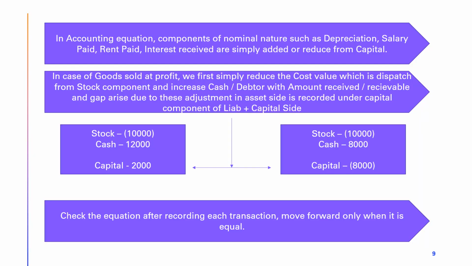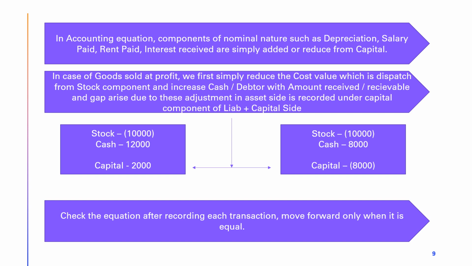Now we will look at some tips for solving any kind of accounting equations. All the components which are of nominal nature, such as depreciation, salary paid, rent paid, interest received, are increased or decreased from capital component. And correspondingly, cash is increased or decreased or a new component in asset or liability plus capital side is created as the case may be.